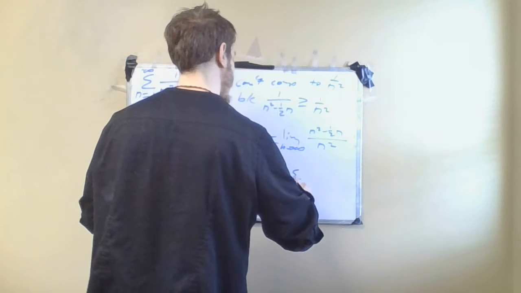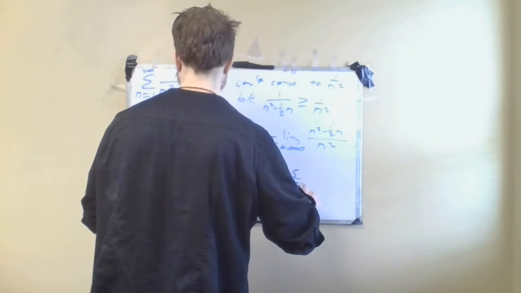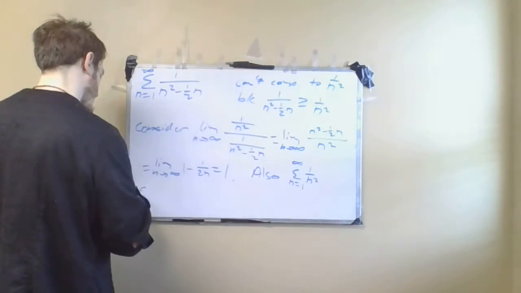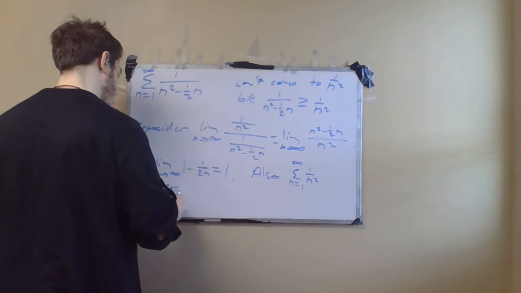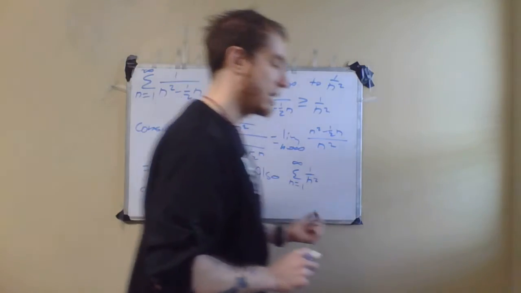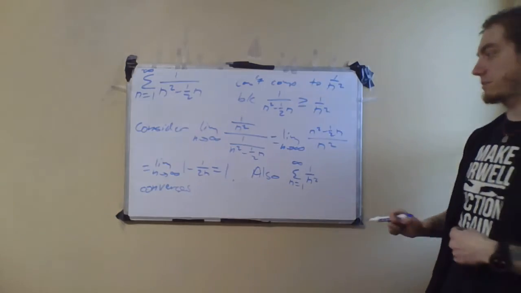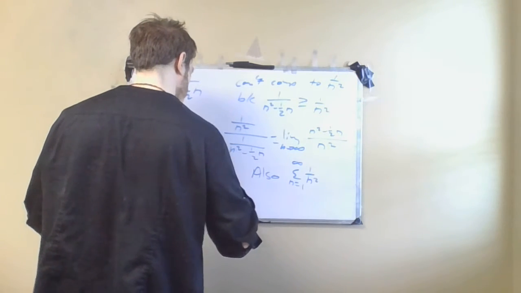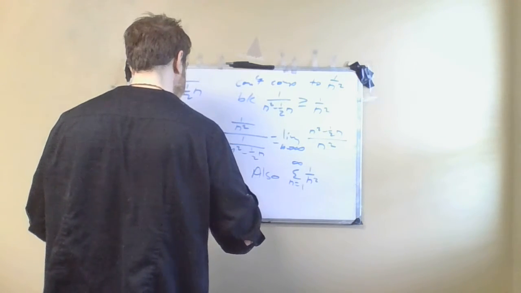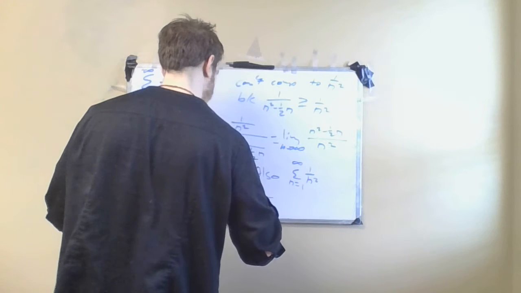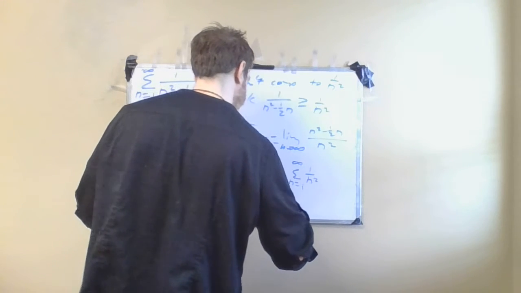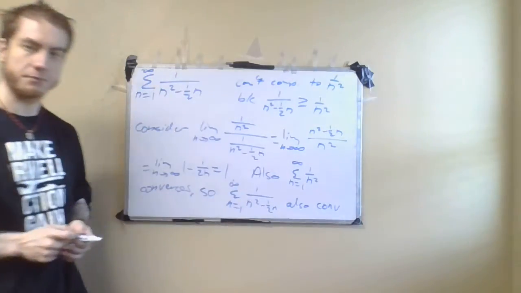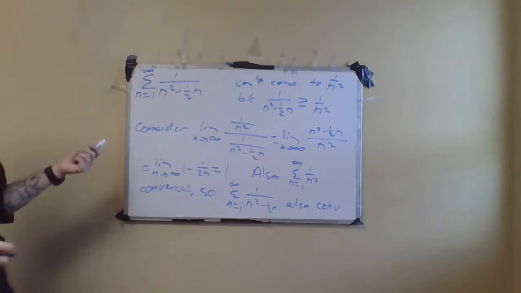But also we can say that the sum from n equals 1 to infinity, 1 over n squared, converges. In fact, this is one of the p series, right? So the sum from n equals 1 to infinity of 1 over n squared minus 1/2 n also converges. And there we go. There's our answer.